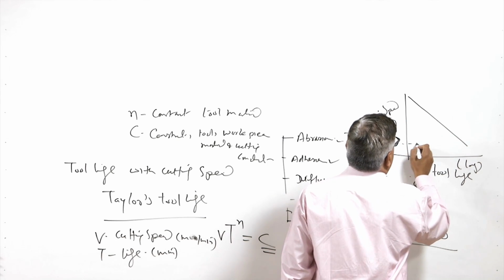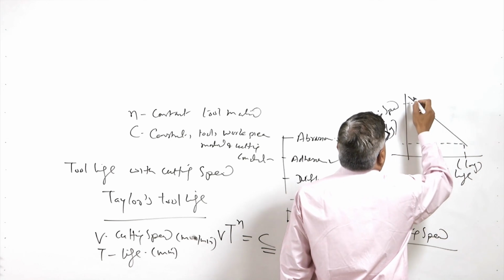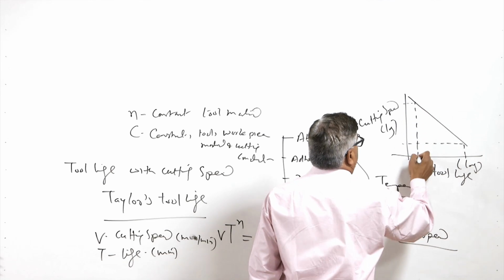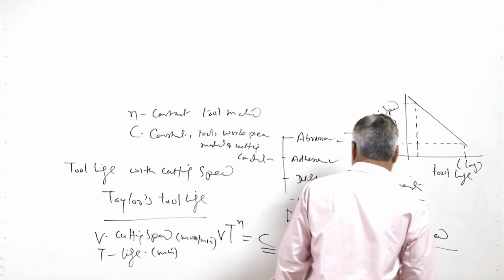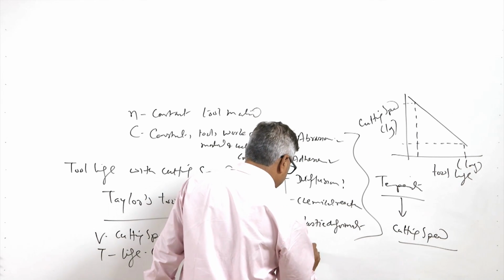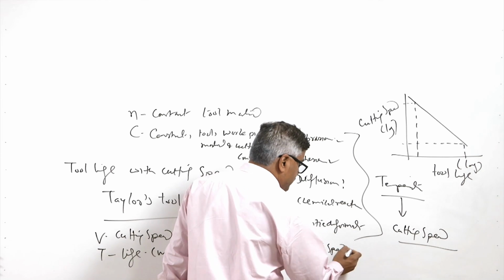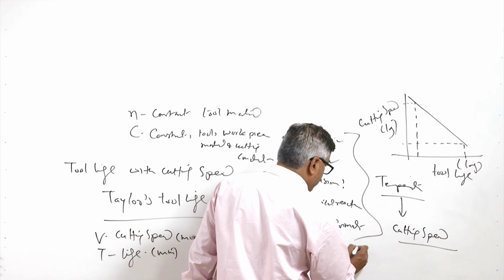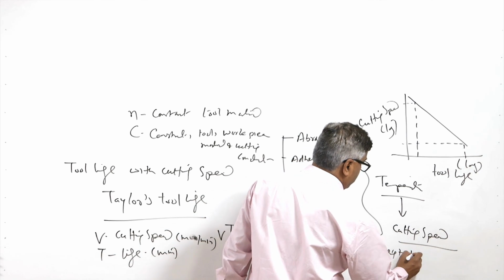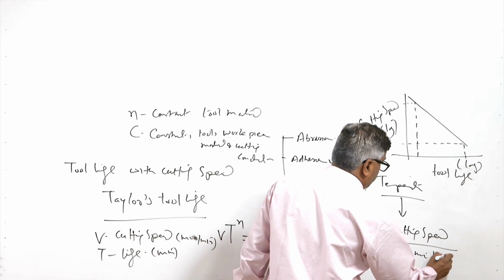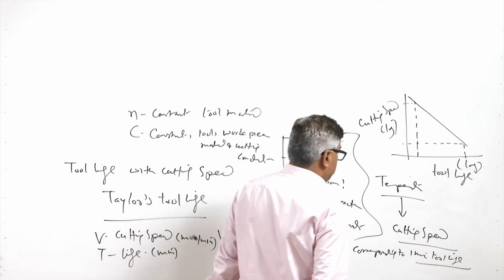When we work with a low cutting speed, tool life is more, and at a high cutting speed, tool life reduces. C is basically the cutting speed corresponding to 1 minute tool life, while n depends upon the tool material.